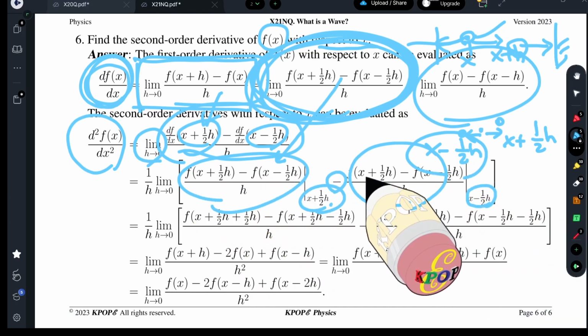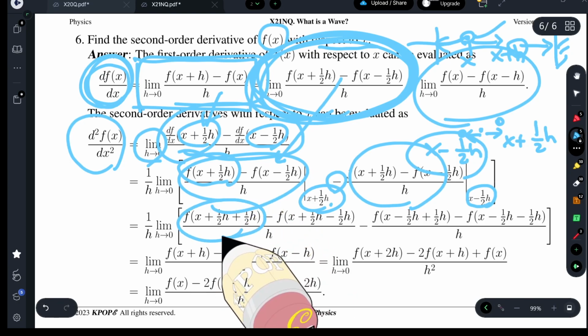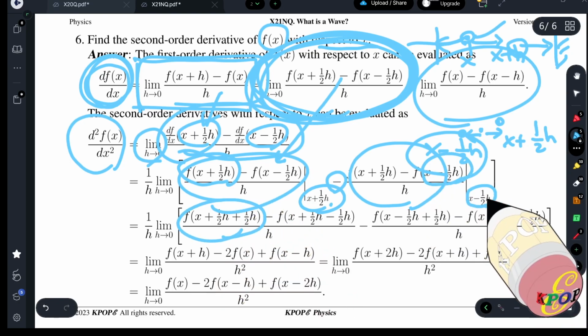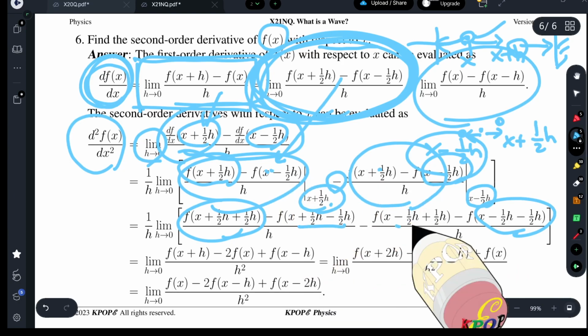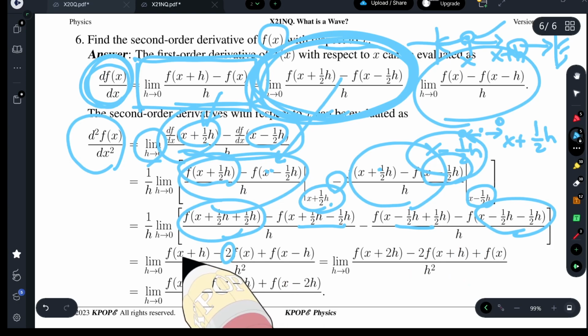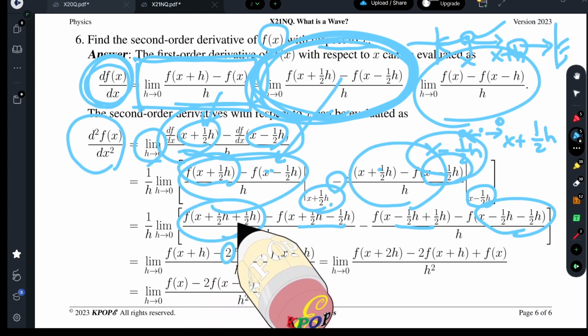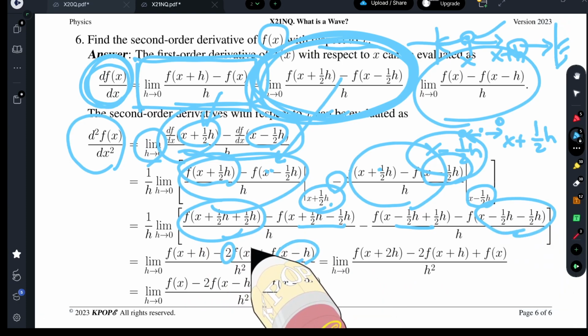If I simplify all these things, this one is this, and this one becomes this. And these two terms are found to be the same. So we have a double factor, and x plus h appears in here, x minus h appears there. In the middle, it is just f of x.